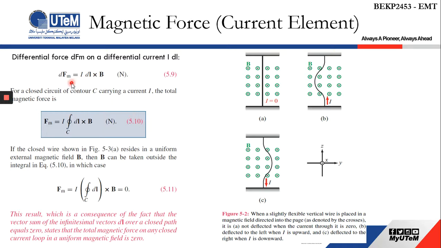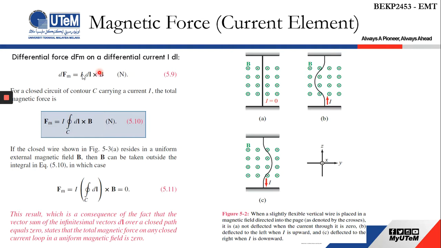Previously the equation was Fm equals Q u cross B. But now, since we have a current passing through a wire, we modify the equation to get dFm, the differential form of the magnetic force, equals I. The charge Q we replace with I, and u, the speed of the charge, we replace with dL, the differential length of the wire where the current is moving, and then cross product with B.